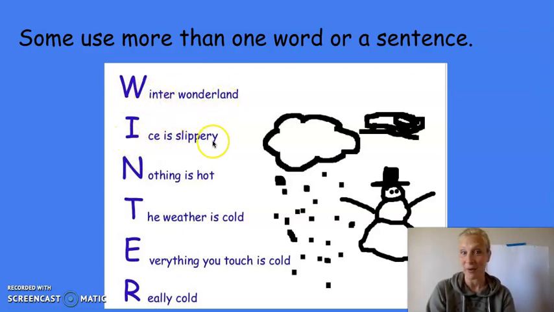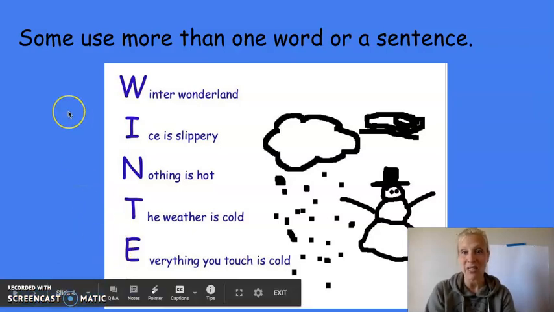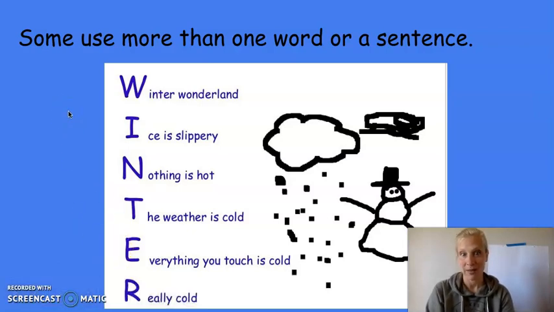Good job. So our first one, our W, says winter wonderland. Ice is slippery. Nothing is hot. The weather is cold. Everything you touch is cold and really cold. Did they describe winter in all of those words? Yes, they did.